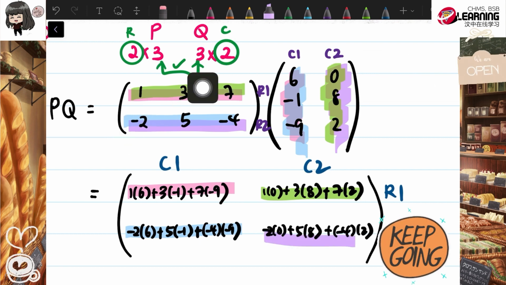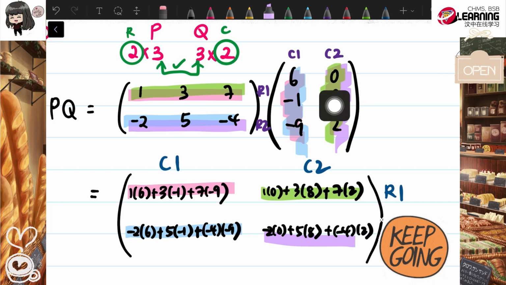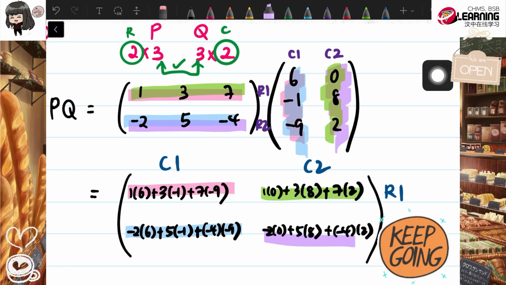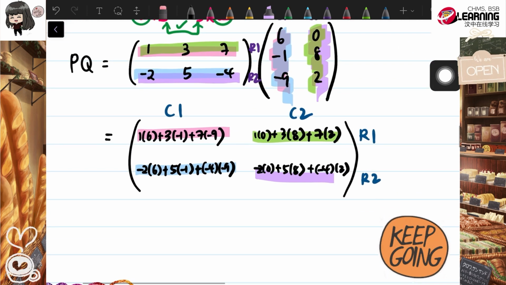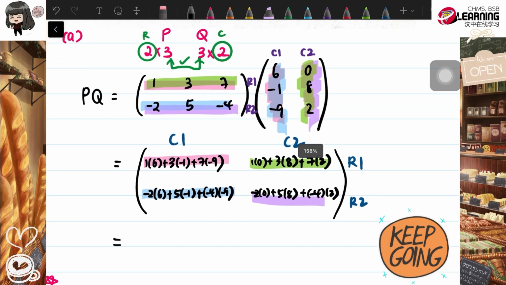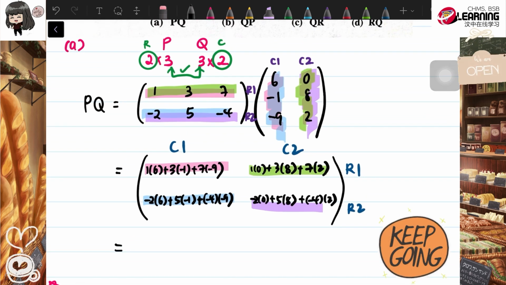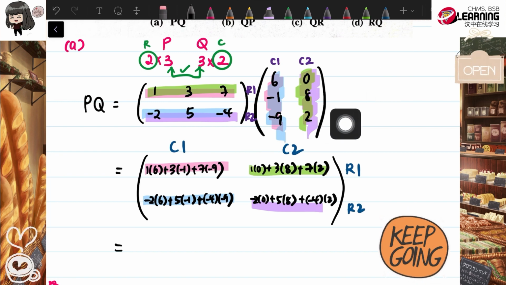You see, this one times this, plus this one times this, plus this one times this. This is what you get. And then we simplify them. I know it's a bit complicated, but make sure you try to grasp it. It's difficult at the beginning, but once you learn it, you know how to do it already. It's easier already. You just focus on the row and the column.